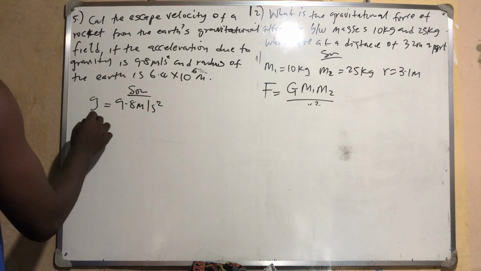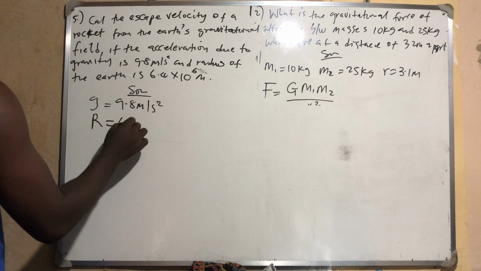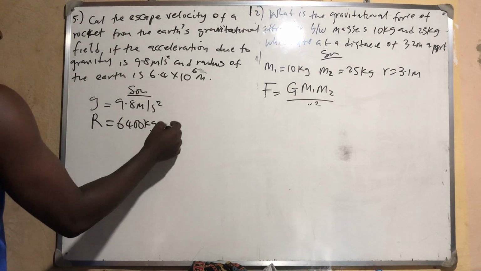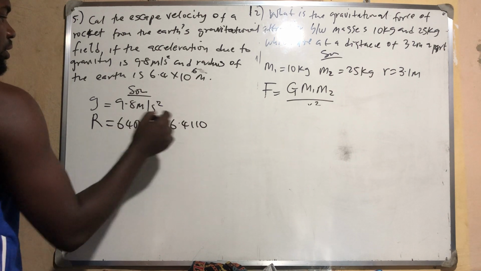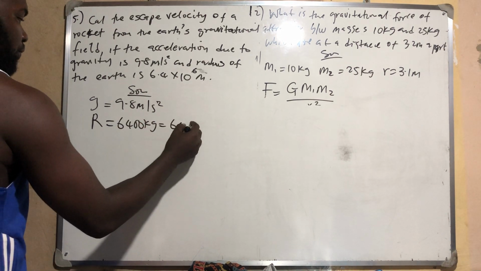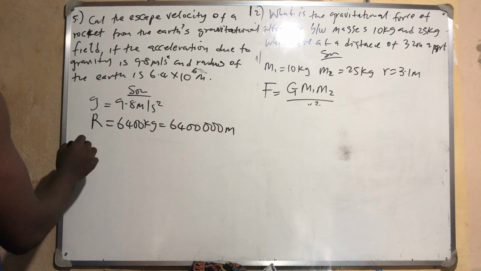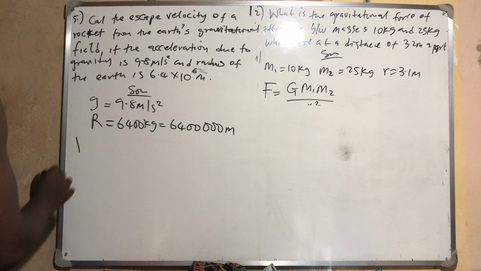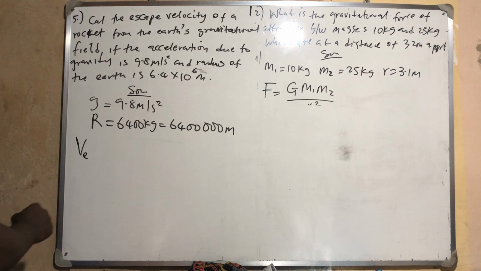The R you are using is going to be the radius of the Earth, 6.4 times 10 raised to power 6, or 6,400,000 meters.